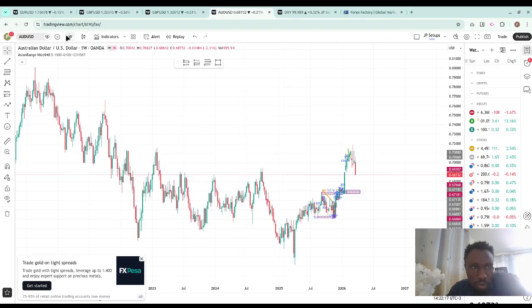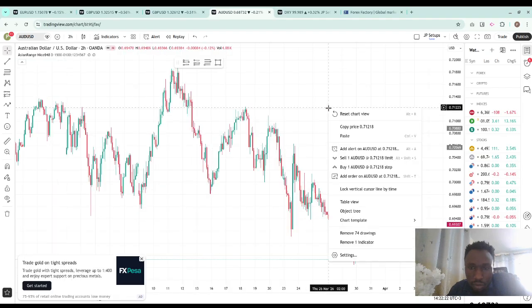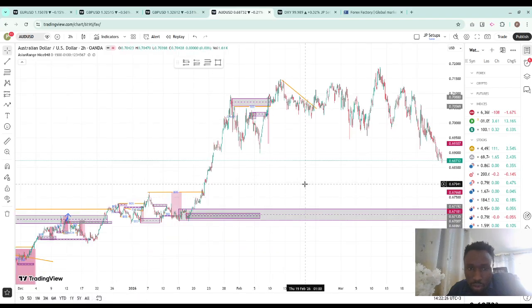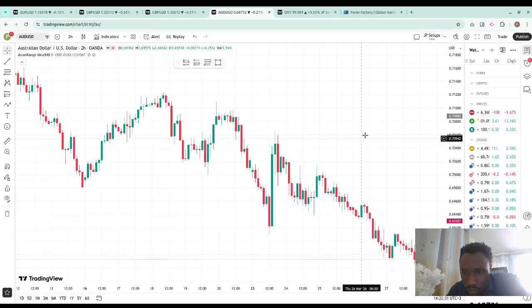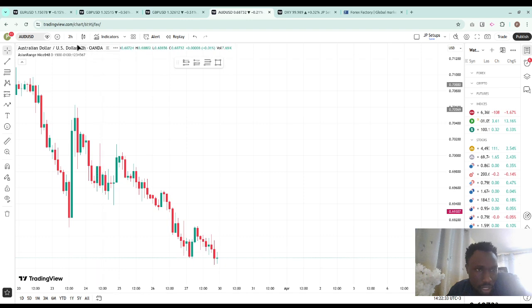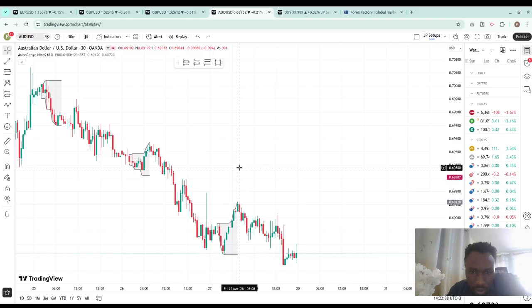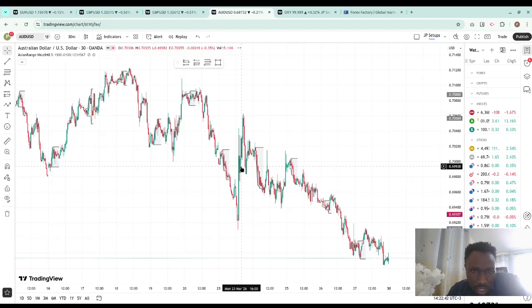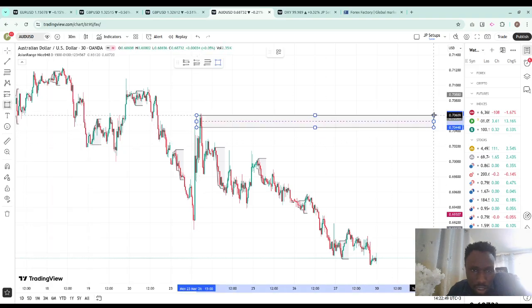Yep, so if we come to the 2 hour, I love looking at the 2 hour time frame as well. It's still dropping. I really don't have a good entry point on this, unless it comes back to this point.